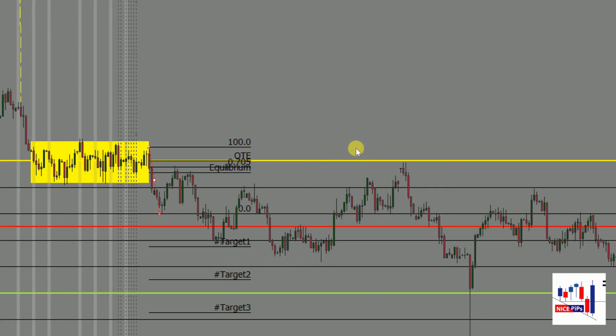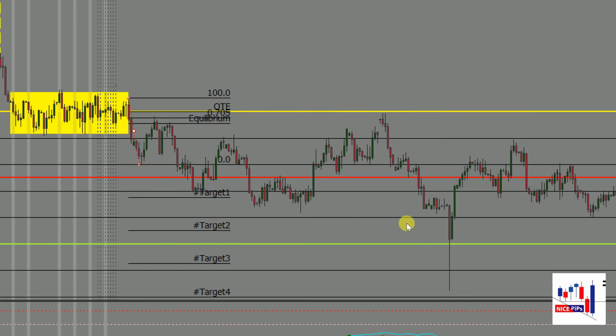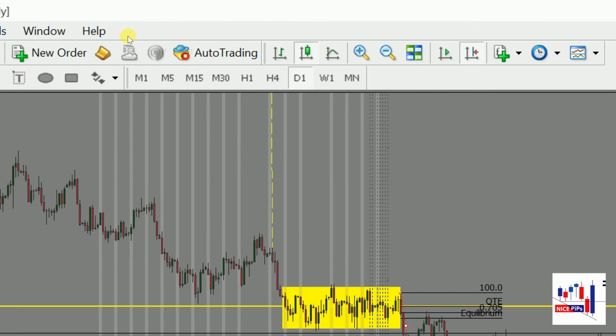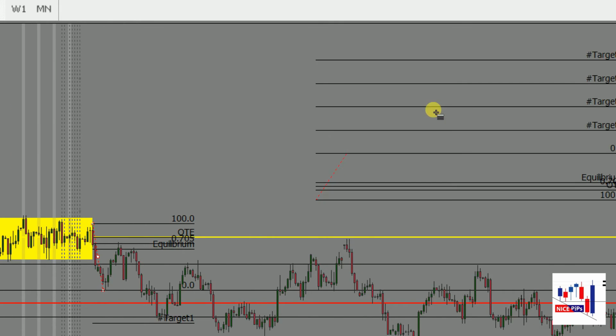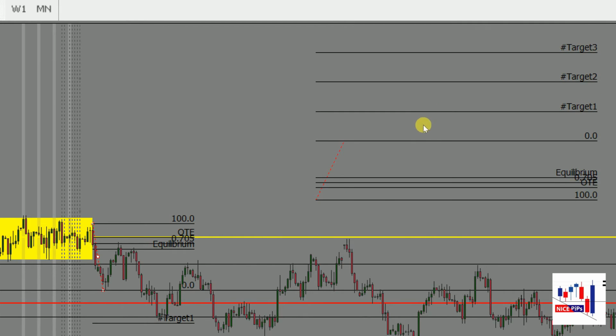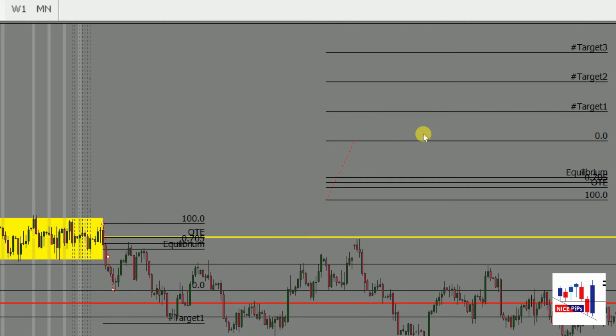Whenever price rises, then drops below equilibrium in a buying scenario, we consider this discount price. So the discount price we are looking at buying, the premium price we are looking at selling, right? Cool, I'm sure people understood that.